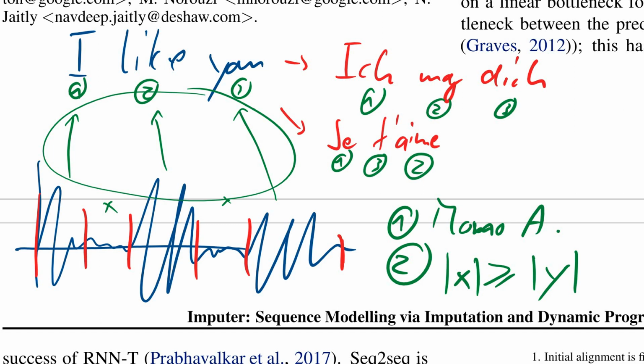The monotonic alignment is actually given fairly well in speech recognition, because if something is later down here, it is also later in the sequence up here. And also, usually, we have more wave samples than we have words in the output sequence. So that would be a task for the Imputer.